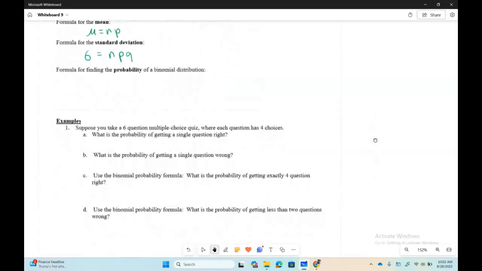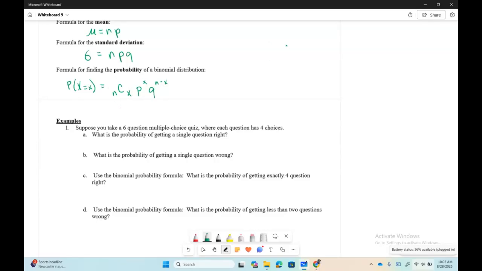We're going to learn this formula for finding the probability of this binomial distribution where we have either 2 outcomes, success or failure. It looks like this. The probability of X equaling something is N combination X, multiplied by P to the X power and Q to the N minus X power. I know that looks a little crazy, so we're going to talk about it.